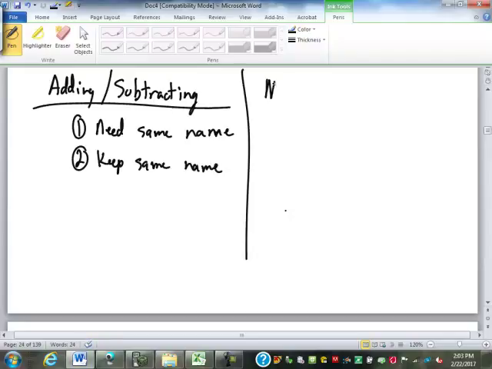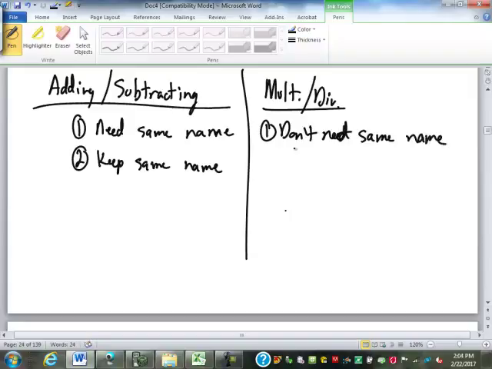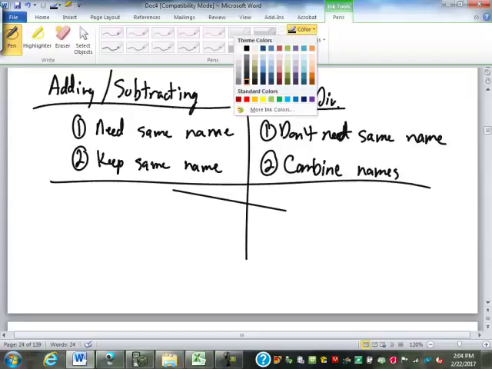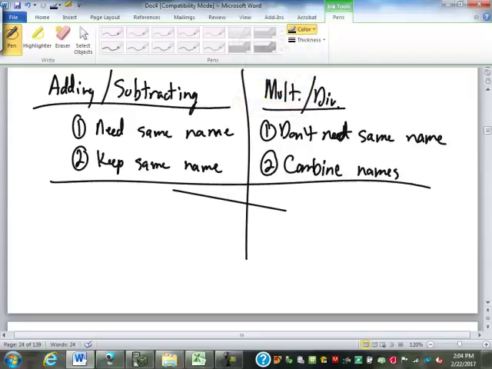When we multiply or divide, we don't need the same name. And we combine the names. So when we're looking at our scientific notation, remember that came down to the powers of 10. It really represents the name.